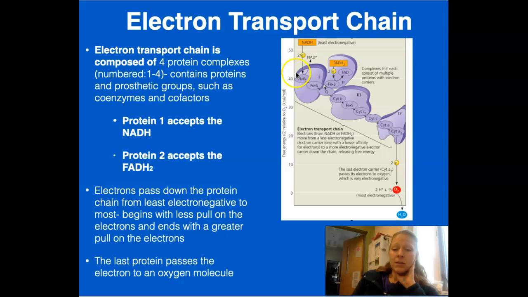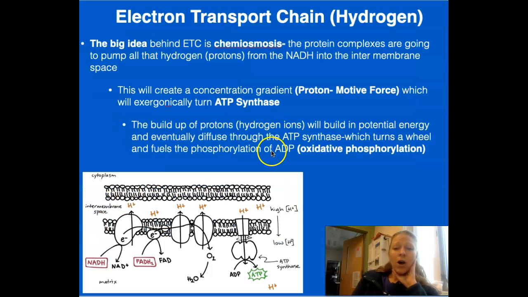It is the electron being passed through that's reducing the protein complexes to allow hydrogen to pass through. About 2.5 ATP can be created per NADH because it's about 4 hydrogen ions to go through the ATP synthase, but that's not necessary to remember.